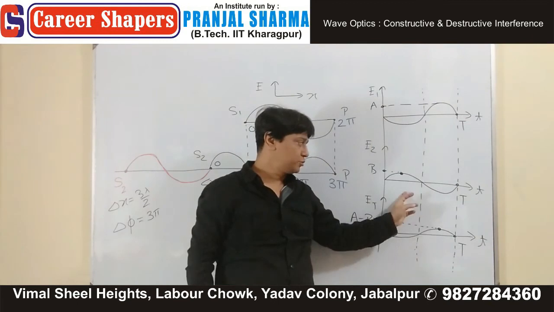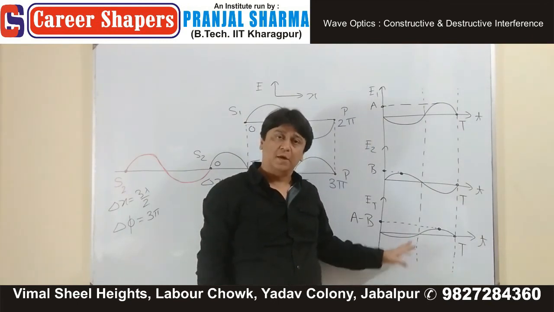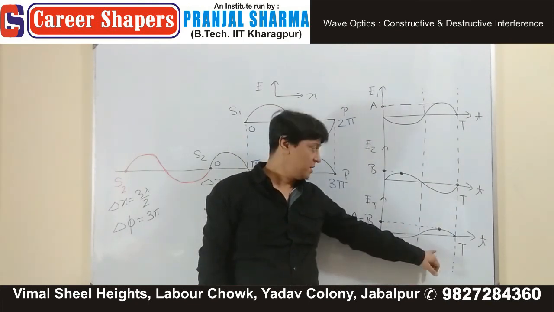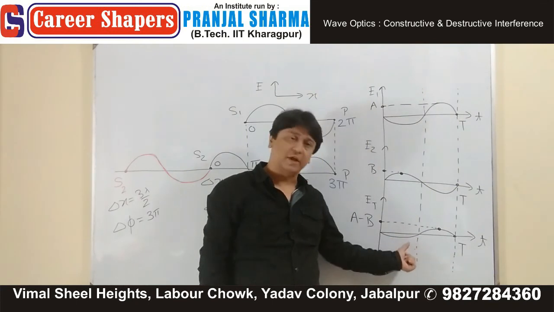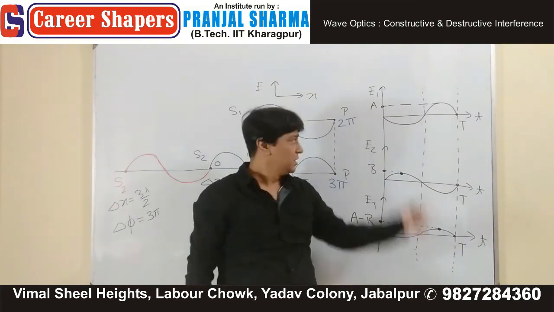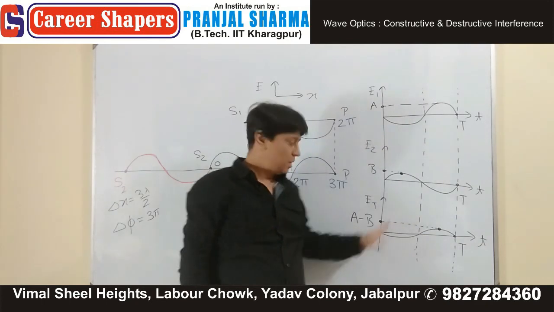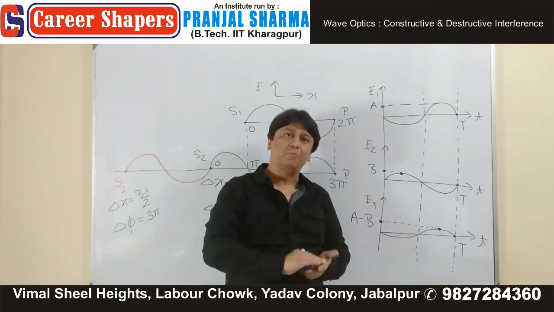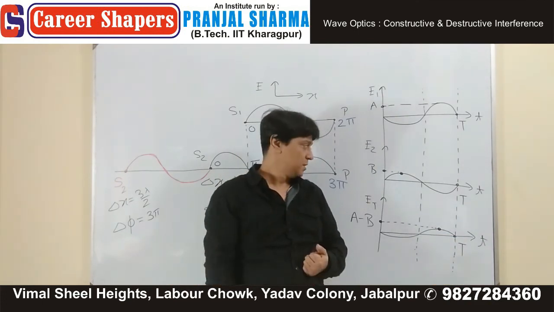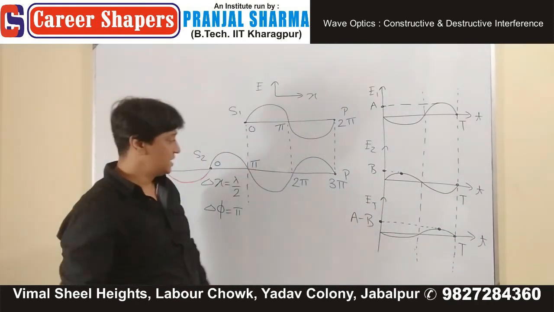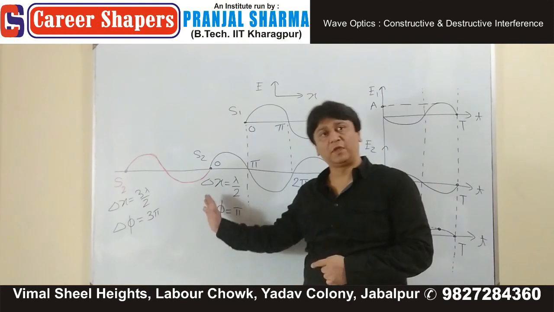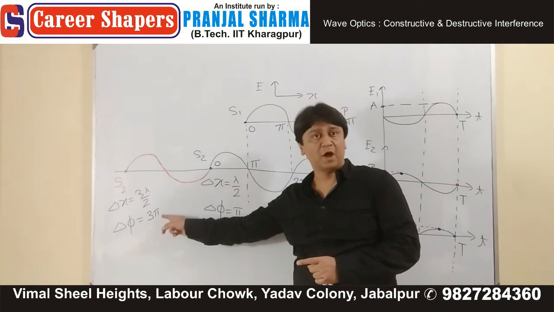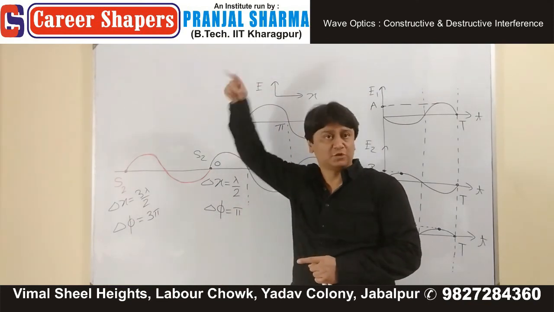This is red, this is also red, this is also red, but a dim red, low intensity of red, because we have decreased the overall amplitude. And if these two are of same amplitude, it will become flat. That means there is no electric field left and your place will be completely dark. This is your destructive interference, and you can now look at the reasoning behind different values of delta phi, pi, 3 pi, 5 pi, 7 pi, and so on.